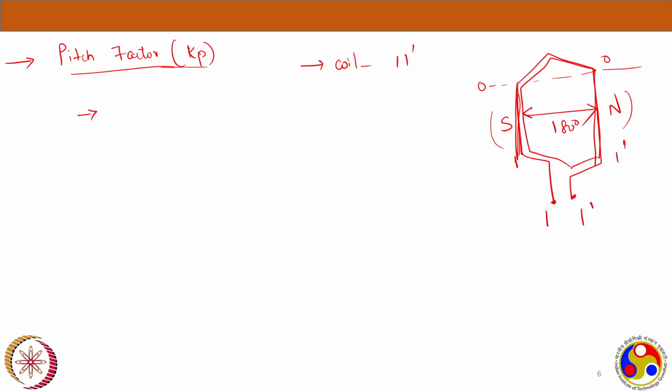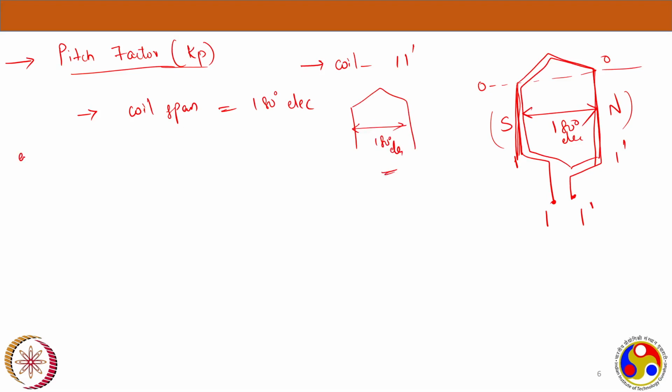This is electrical, 180 degrees electrical. Always two poles will have 180 degrees electrical. In other words, I'm calling it a coil span. Coil span will be 180-degree electrical. So this is what I'm talking about when it's 180-degree electrical.